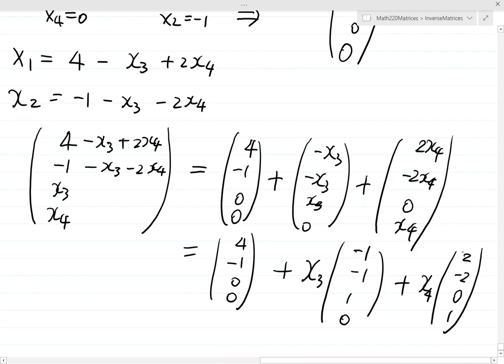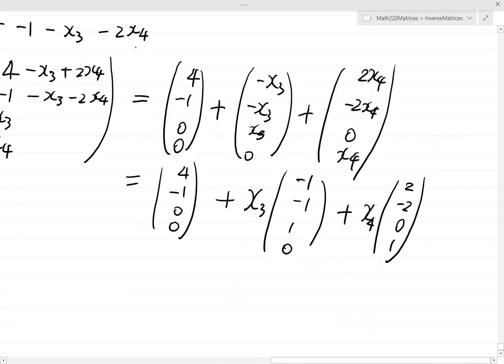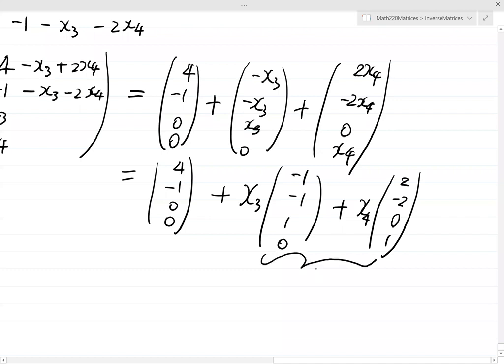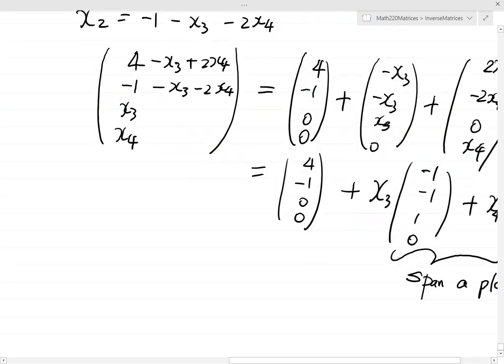These last two vectors and their linear combinations span a plane of dimension 2. So in this case, the general solution is a plane.